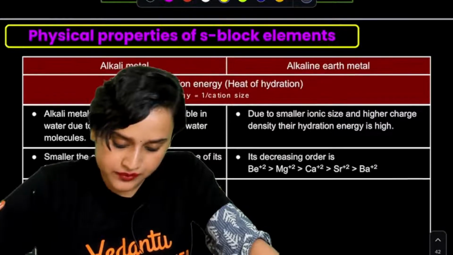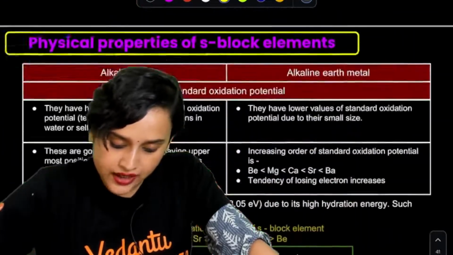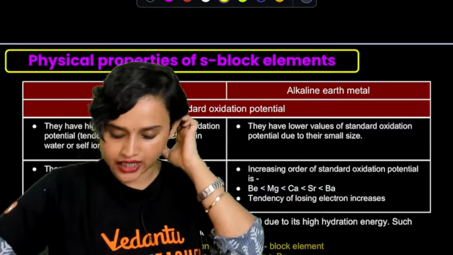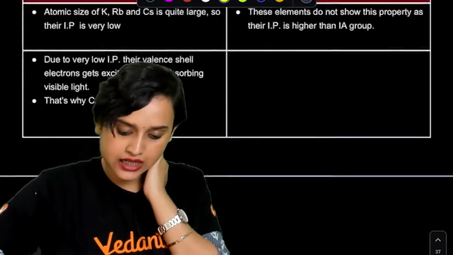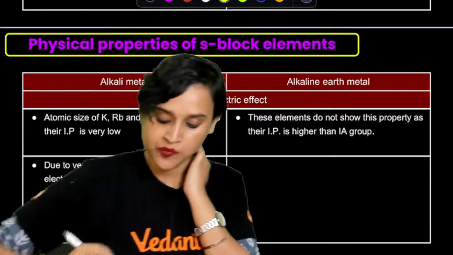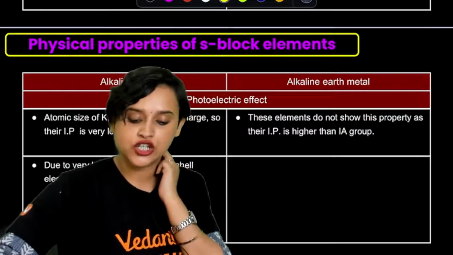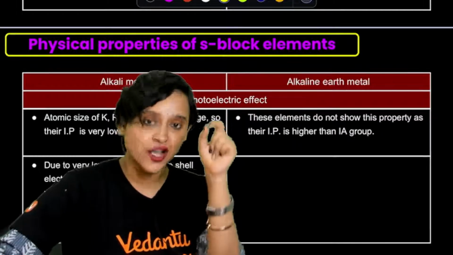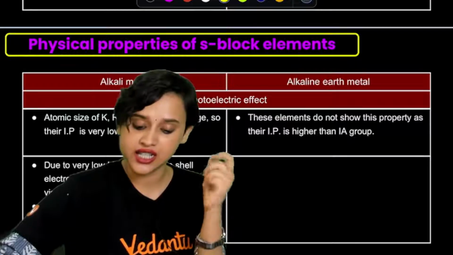Now let's come to hydration energy. We have studied that already. Standard oxidation potential also we have studied, right? Let's do the photoelectric effect. The atomic size of potassium, rubidium, and cesium is very large, so their ionization energy is very low.